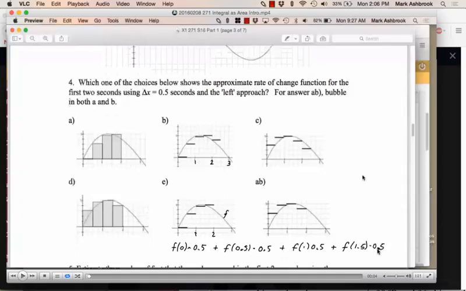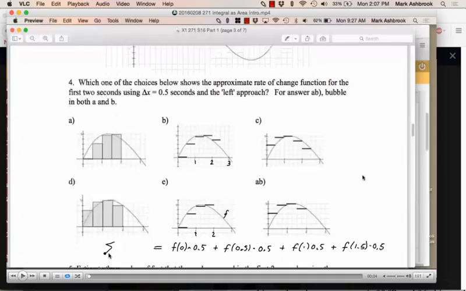And what are we doing? We're summing up these approximate amounts of change in distance for each 0.5 seconds by doing m delta x plus m delta x. And we simplified that by saying we could use summation notation, right?